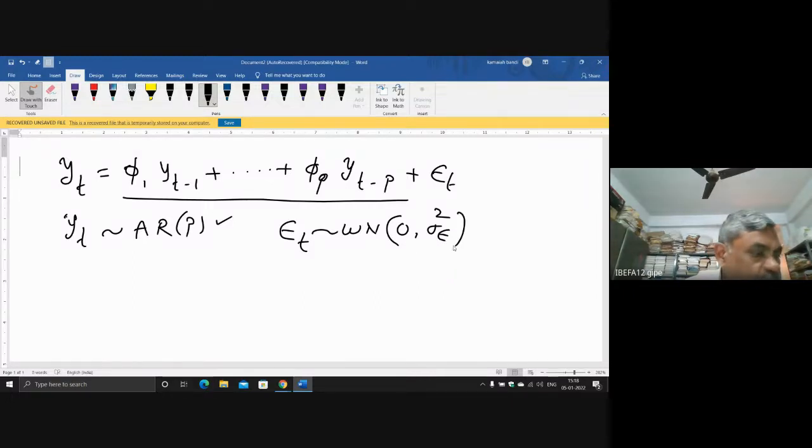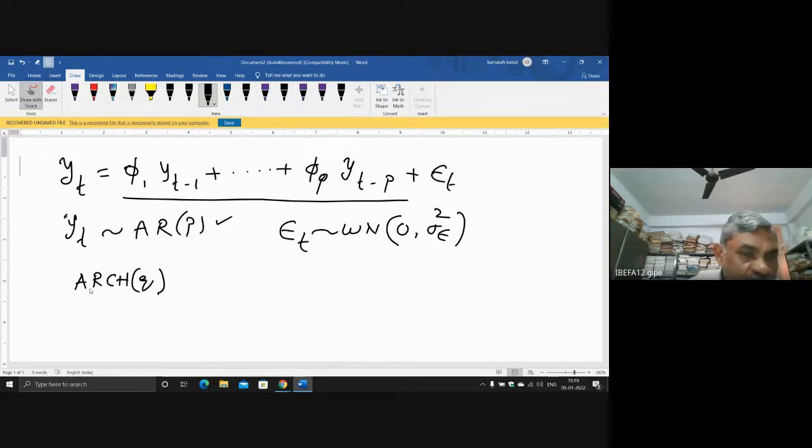Now, if there is ARCH effect, what is the null hypothesis here? The null hypothesis is that there is no ARCH, and the alternate hypothesis is that this is ARCH(q).